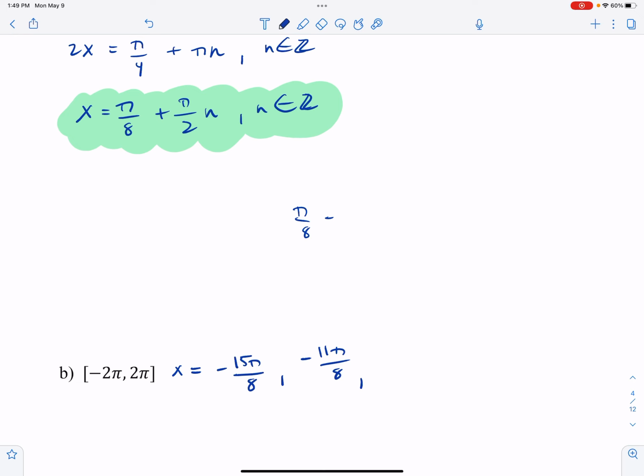And then if we let n equal to negative 2, that would be minus pi, so minus 8 pi over 8 would be minus 7 pi over 8. And then n equal to negative 1, so minus pi over 2 would be minus 4 pi over 8, so minus 3 pi over 8.